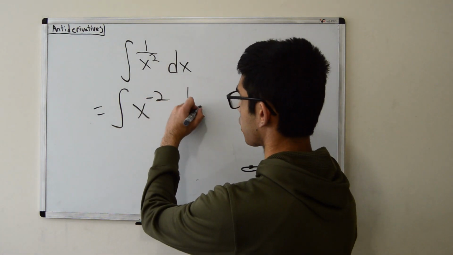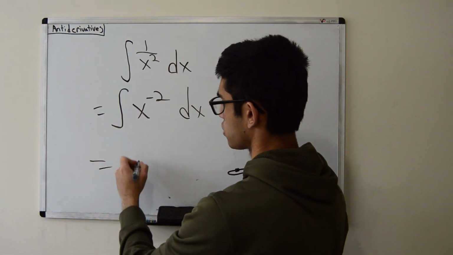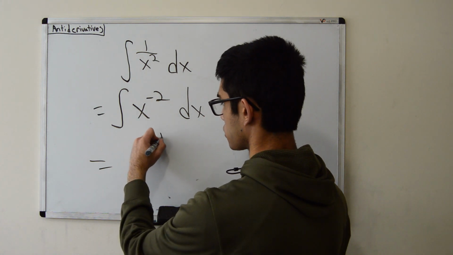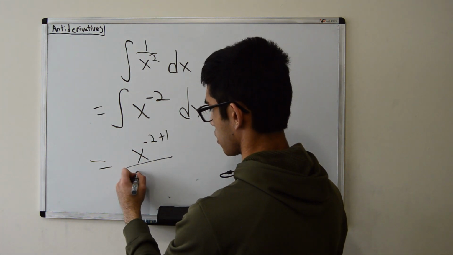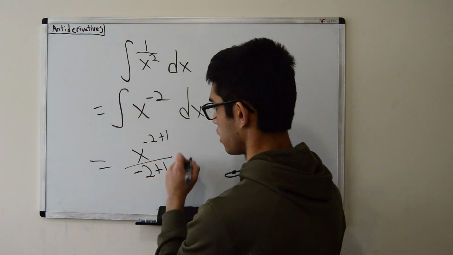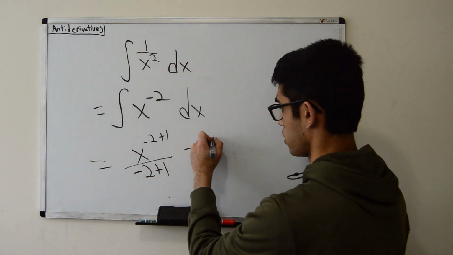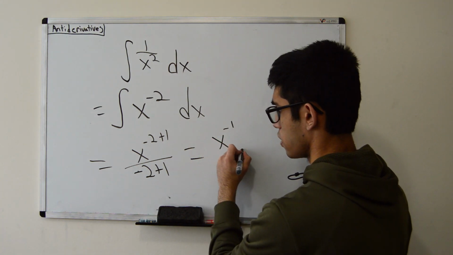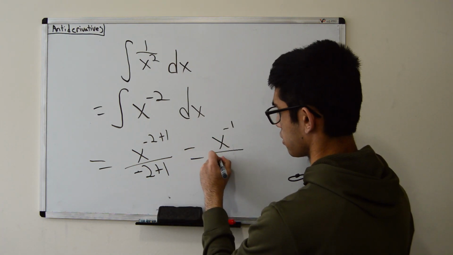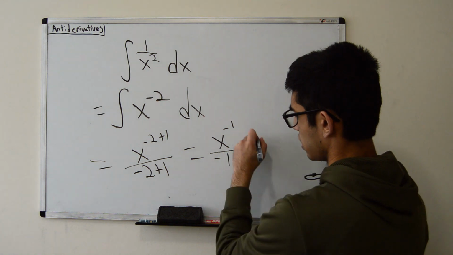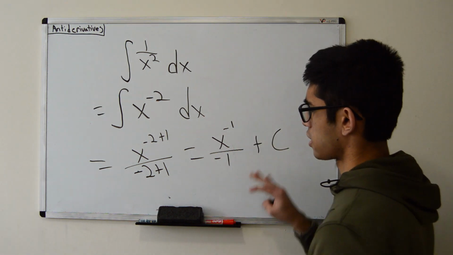So now I can just apply my normal integral laws. So x to the negative 2 plus 1, and then divide by negative 2 plus 1. What's negative 2 plus 1? Well, that's just negative 1. So x to the power of negative 1, and then negative 2 plus 1 again is negative 1. You can leave it as that and say plus c.